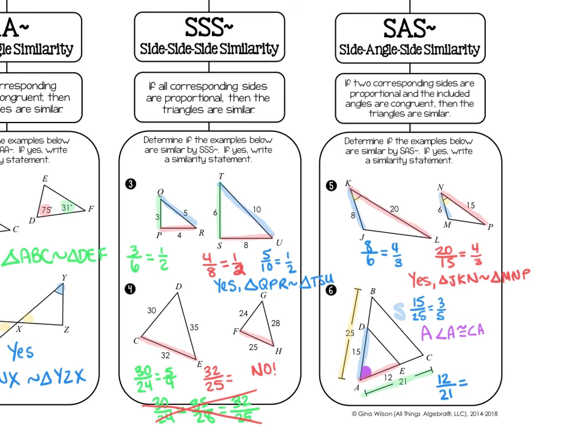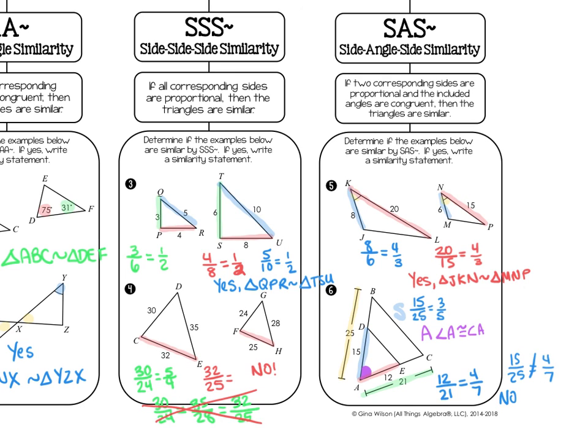When we simplify 12 over 21, we get 4 over 7. Okay, so comparing our two ratios, 15 over 25 does not equal 4 over 7. So therefore, we do not have two sets of proportional sides. So we have to conclude that no, the triangles are not similar.